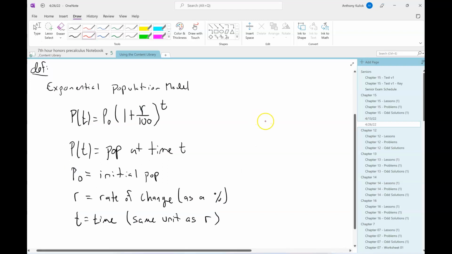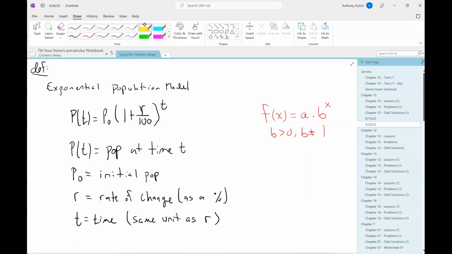So last time in section 15.1, we had talked about exponential functions that look like this, a times b to the x, where b is positive and not equal to 1. Remember that there were two types of exponential functions: growth and decay.